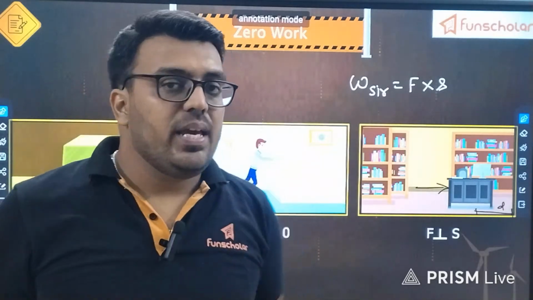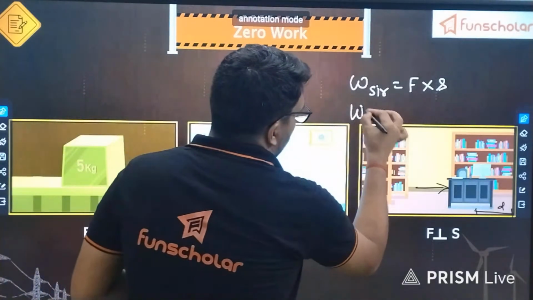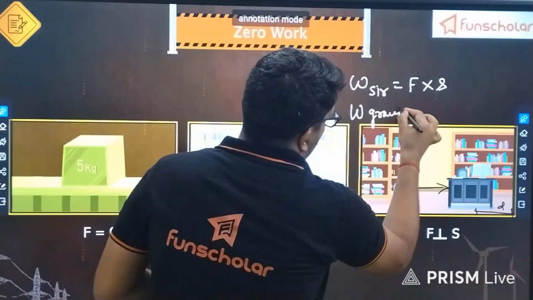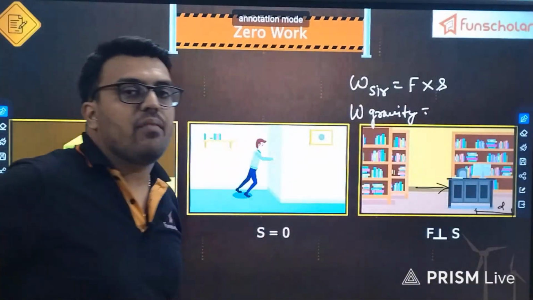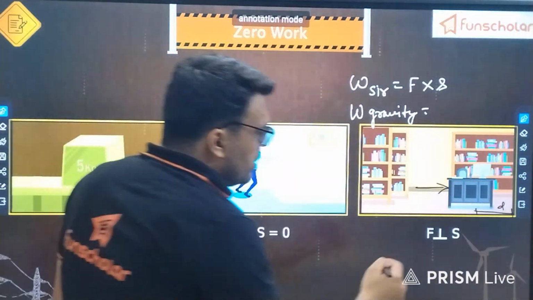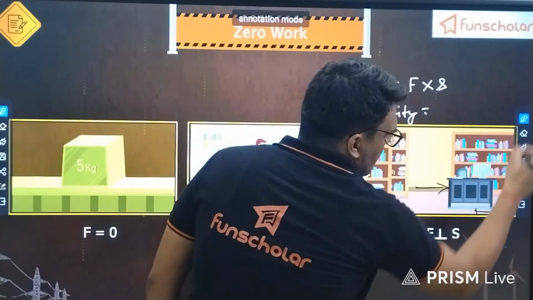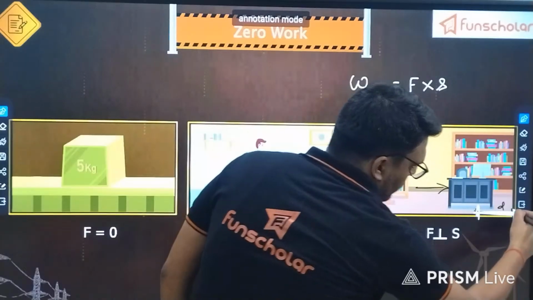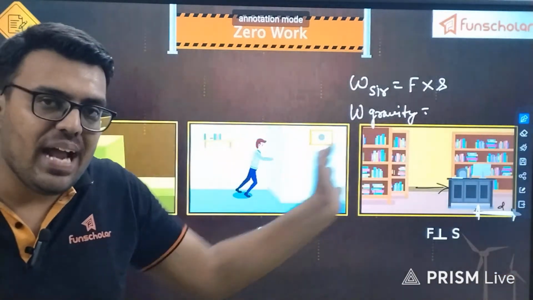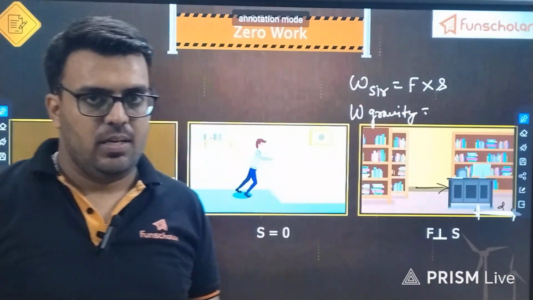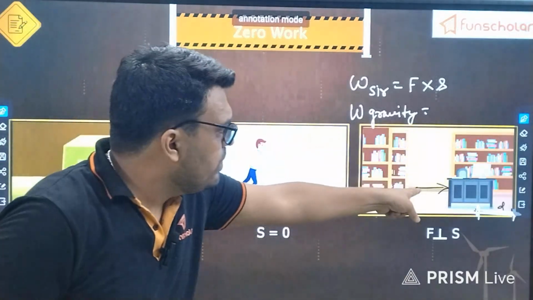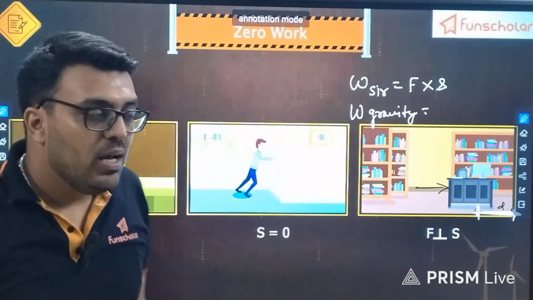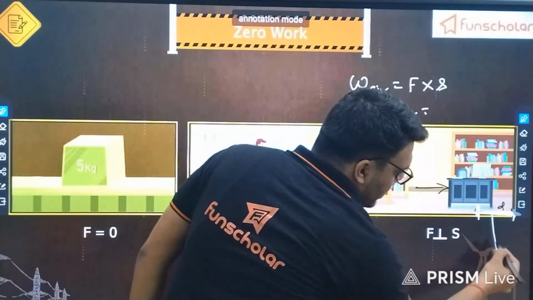Next question will be, if someone asks, what is the work done by gravity? Now, the question will arise, the block is moving. This particular desk is moving through this distance. But is it moving through that distance because of gravity? We'll say no, it is moving because of the force by sir. So where is the direction of gravity?